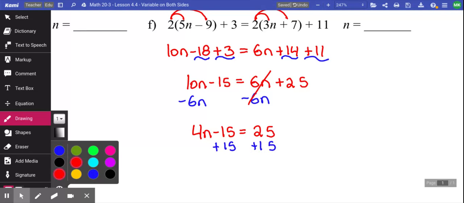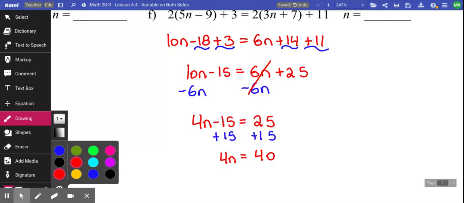Making 4n equal 40. Oh, you did get it. So it's just 10? Yeah. And the last thing you do is you divide by 4. And you get n equals 10.